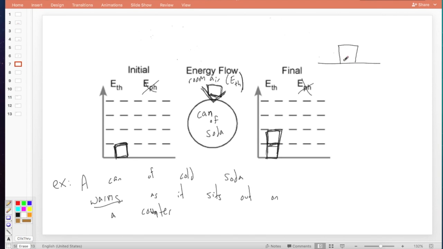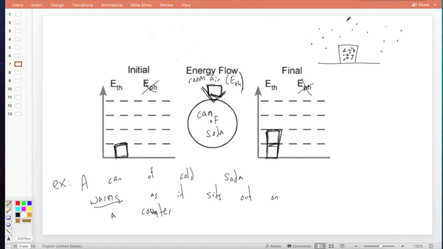Why does the soda warm up so much, but the air does not cool down very much? The soda gained the exact same amount of thermal energy that the air lost, right? The room air lost 1 box of thermal energy. The soda had to gain that box of thermal energy. So why does the room air not feel cold now?